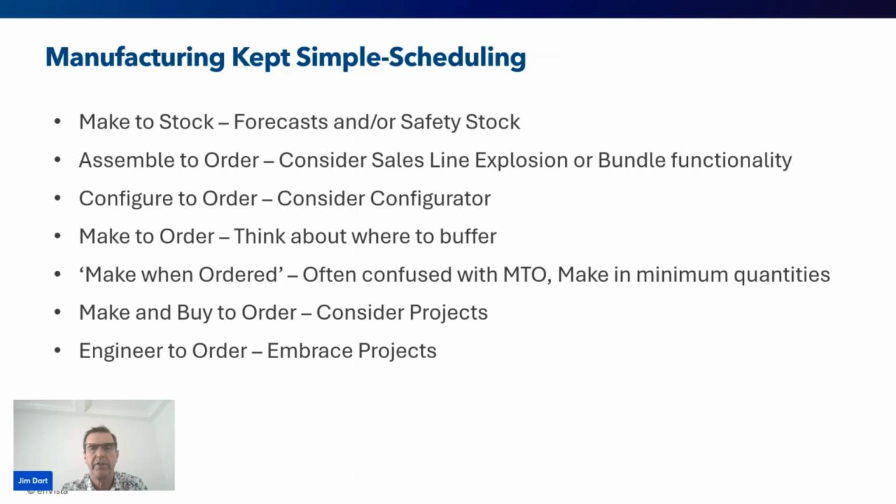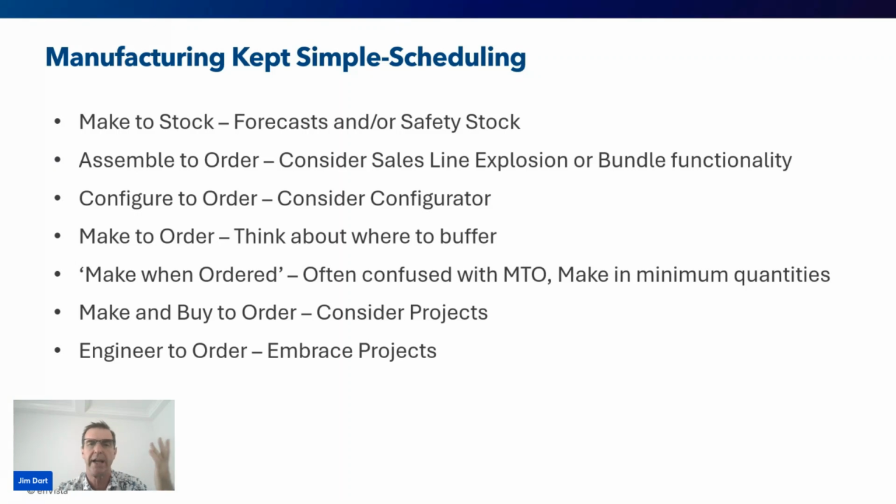Moving along, just going to talk high level about this slide. This slide going from top to bottom there, from kind of high volume, lower dollar products down to engineer to order, which is low volume, very, very high dollar products. I think the point about scheduling and the point about implementation here is to make sure you're choosing the right software tools or capabilities that meets this type of manufacturing.